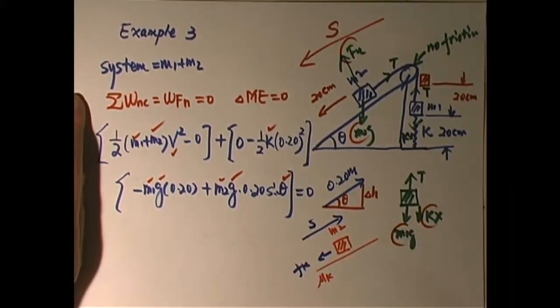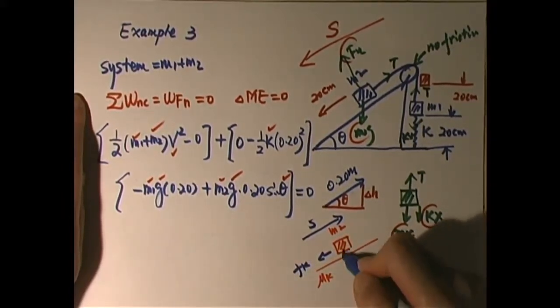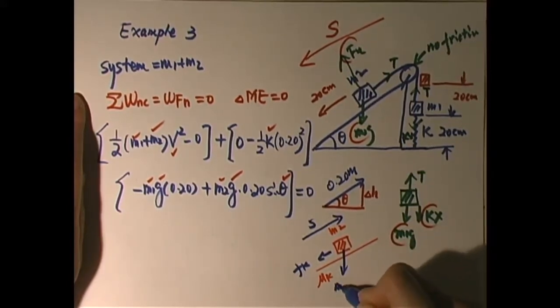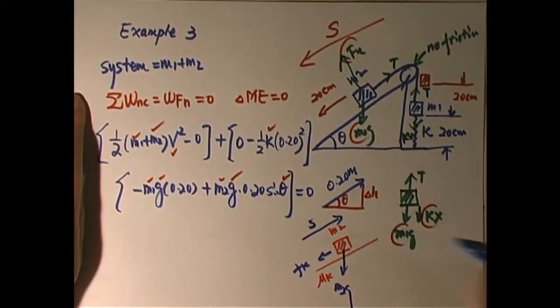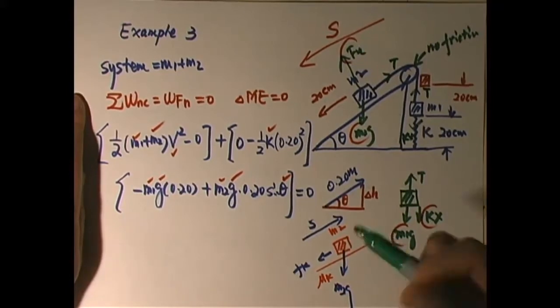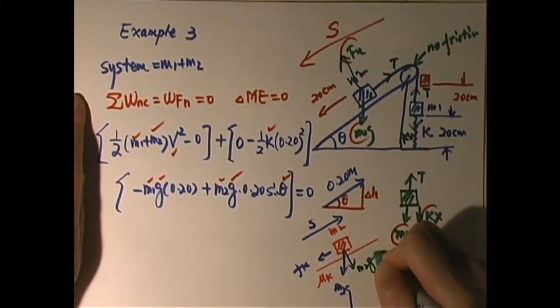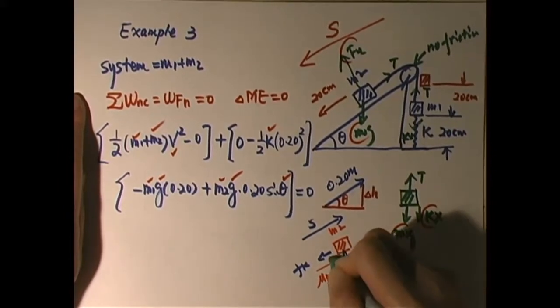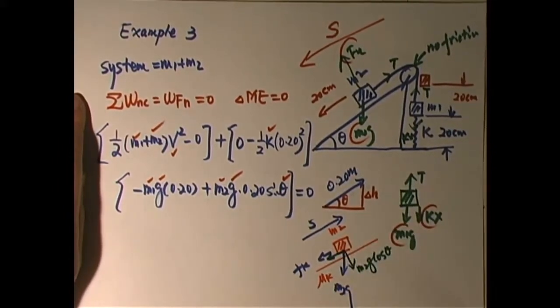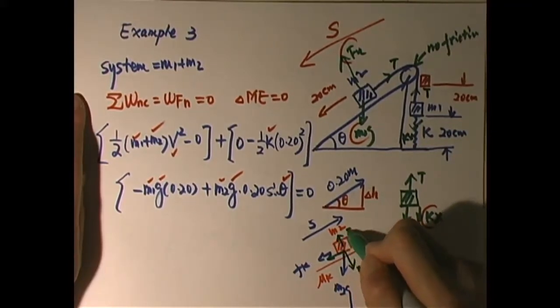This M2G can be split again by M2G cosine theta, and down the hill is M2G sine theta. And M2G cosine theta is balanced by Fn.